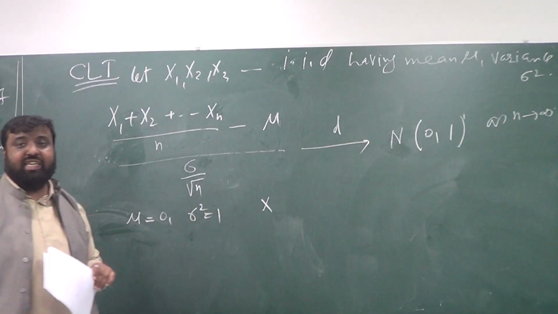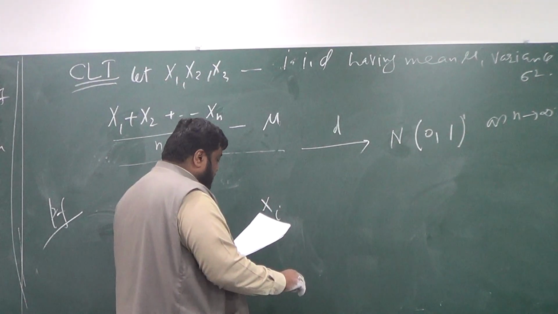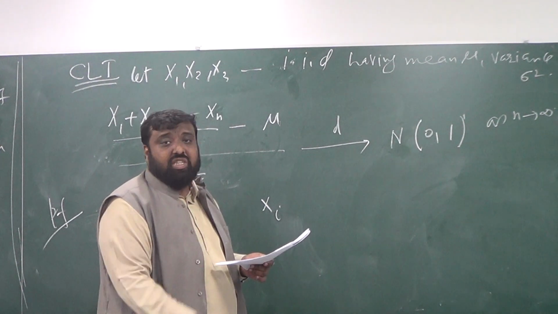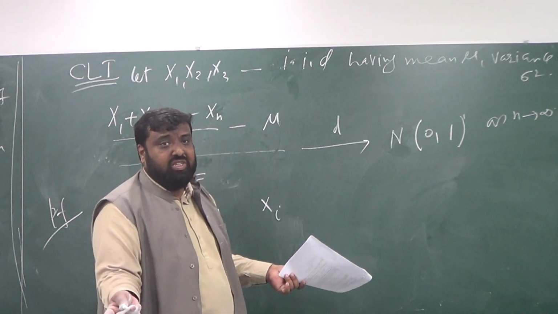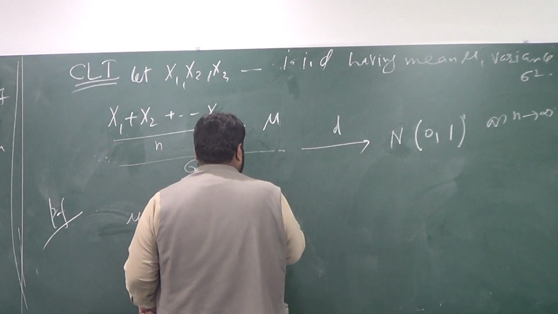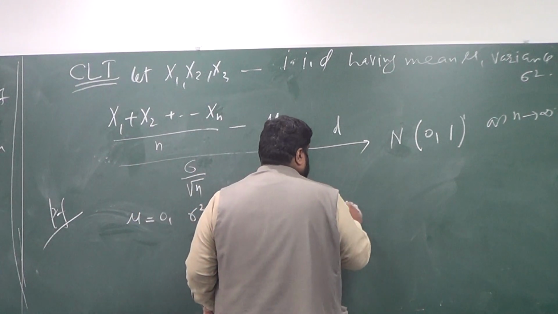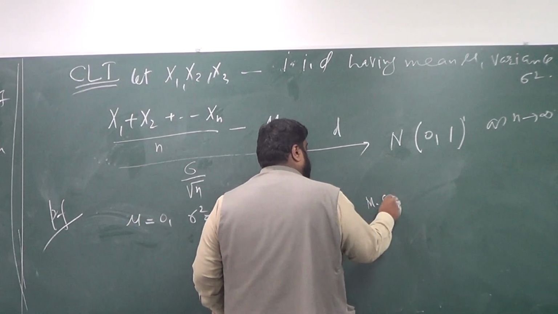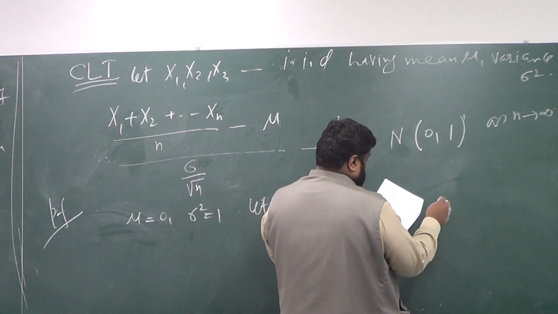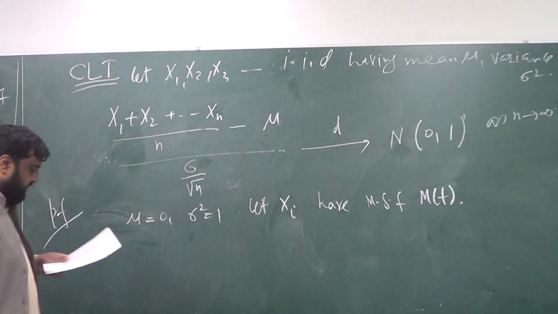Since all of these xi's are identically distributed, they are going to have the same moment generating function. So let all xi's have the MGF, the characteristic function, equal to m of t. Let's denote it by m of t.